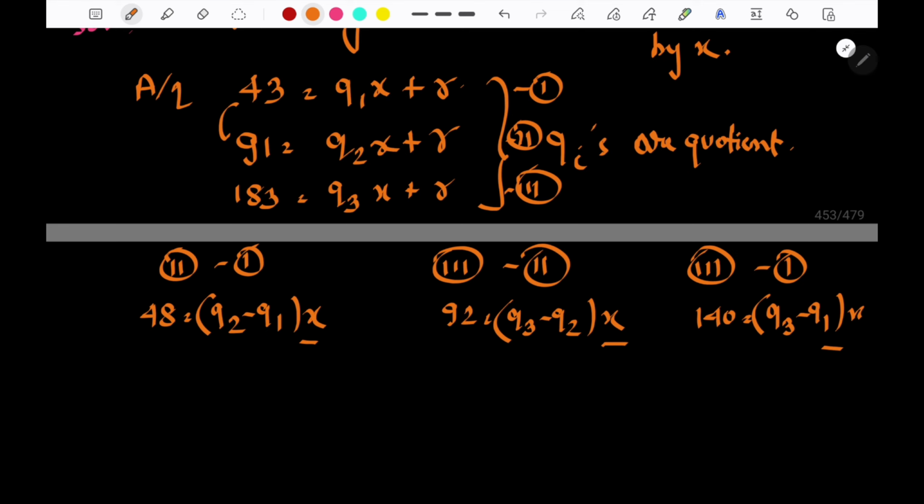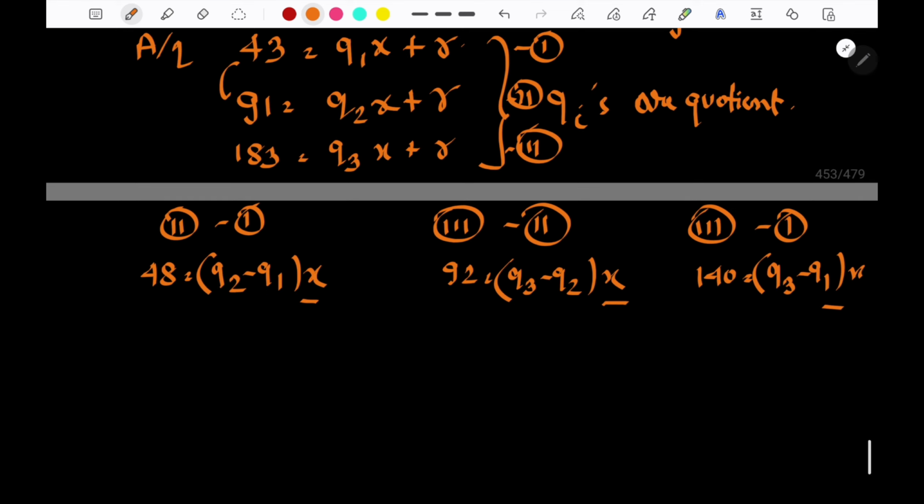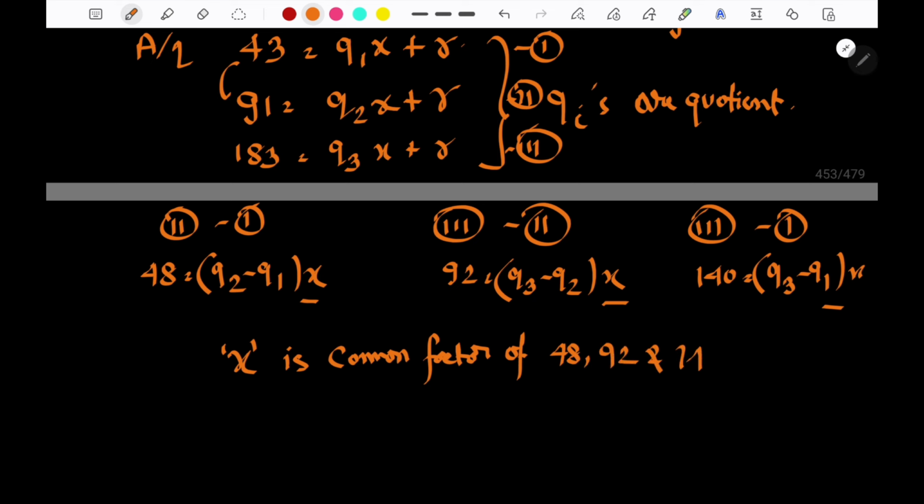So if X is common to all, it means X is a common factor of 48, 92 and 140. Actually, because X exists in all the three. X is here also, X is here also, and X is here also.